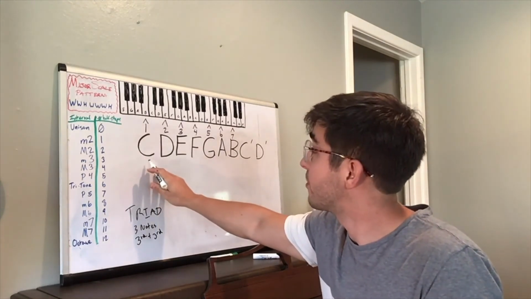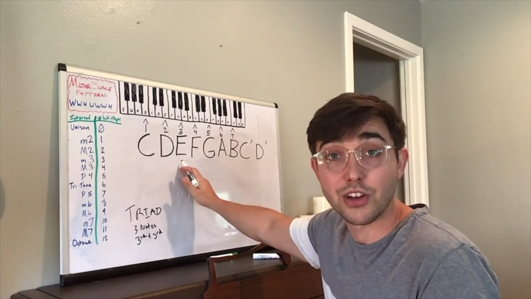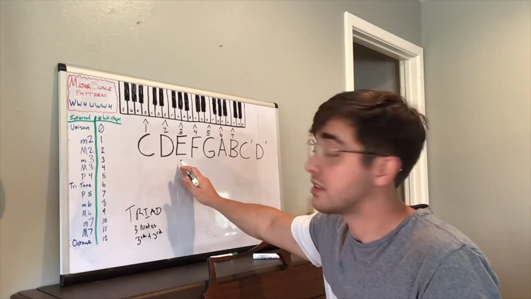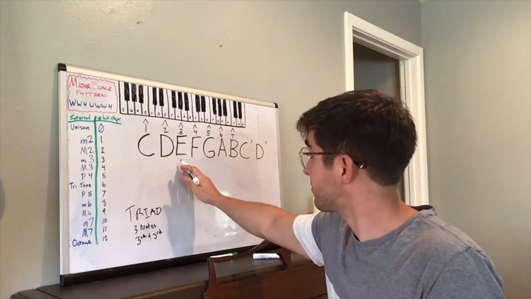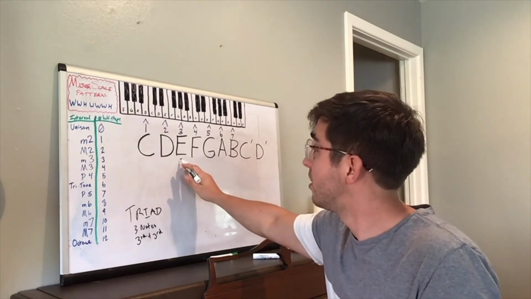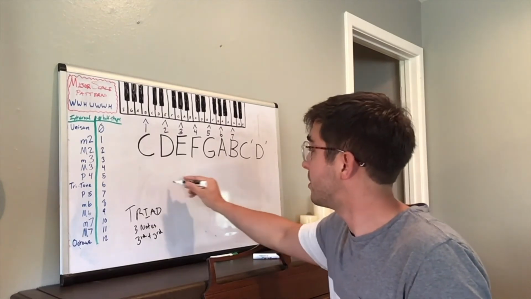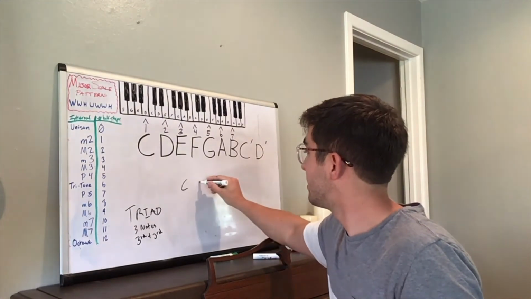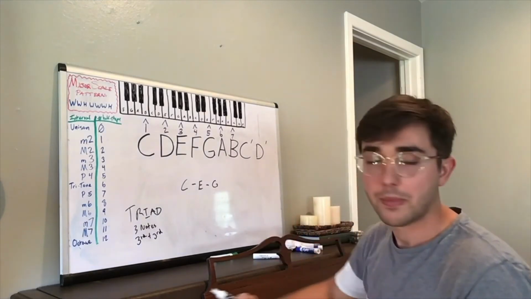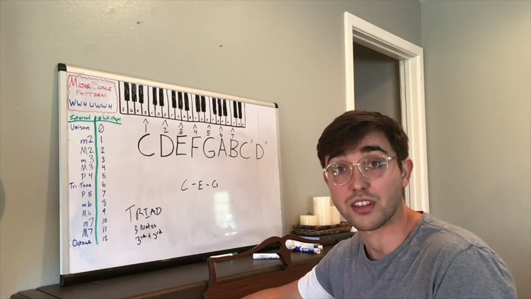So going up a third from C would be 1, 2, 3 to E. E is our second note in a C major triad. Going up from E, we need another third, so 1, 2, 3. We end up with G. So those 3 notes are C, E, G. So that is our triad built on scale degree 1.